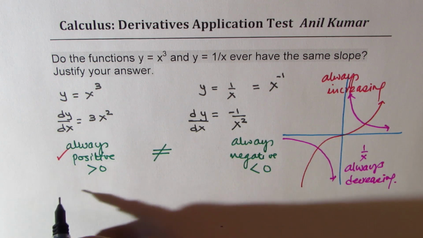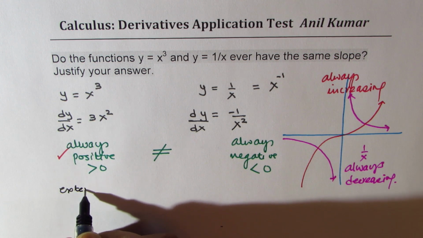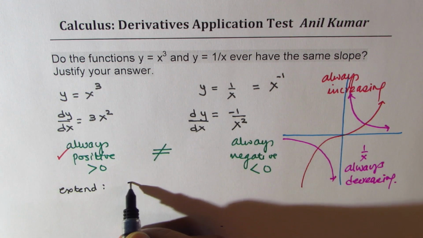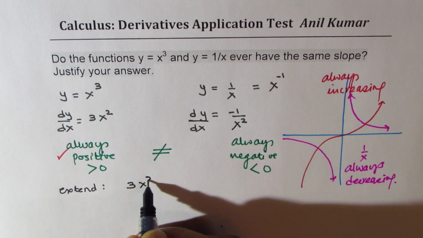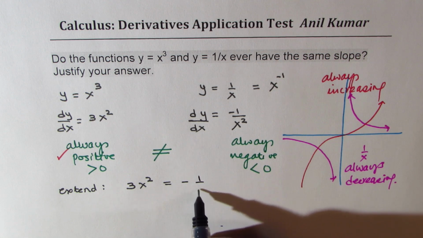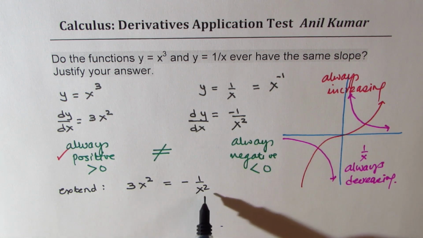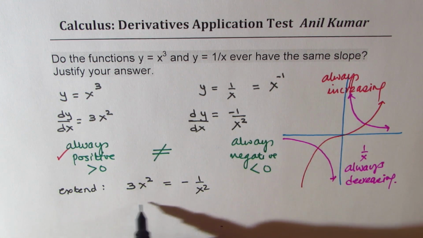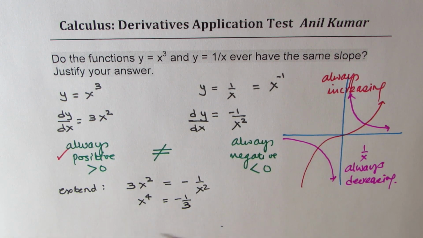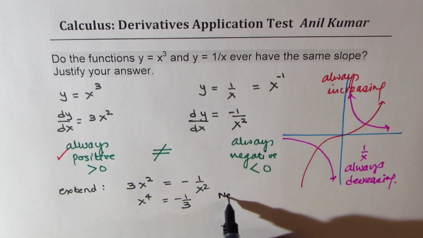Some of you could also extend and try to equate. You may say, let's try to figure out 3x squared equals minus 1 over x squared, just to find a point. So when you cross multiply, you get x to the power of 4 equals negative 1 over 3. Now that is never possible.